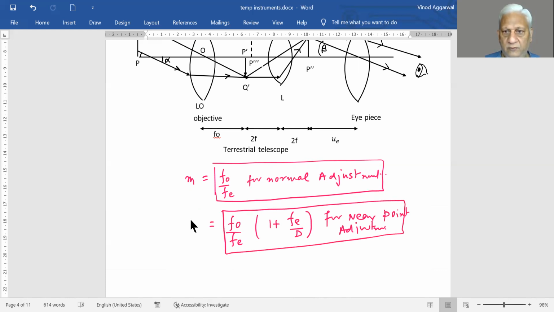Now, if you notice, both of them are same as astronomical telescope.